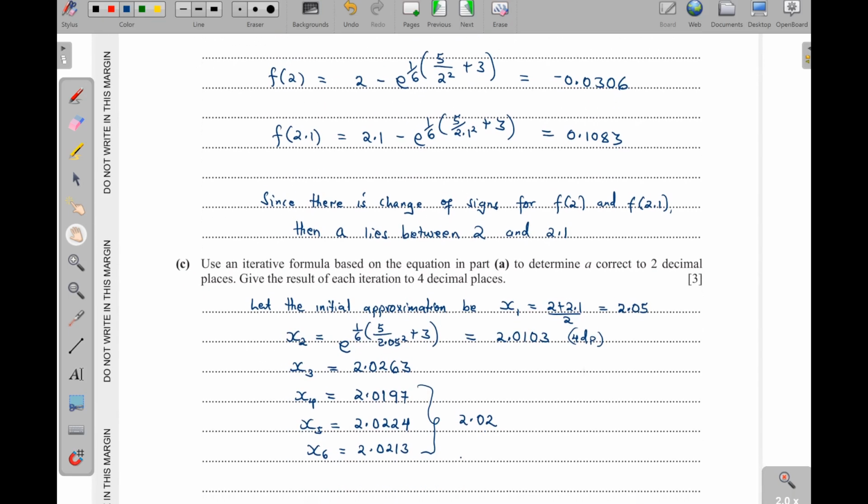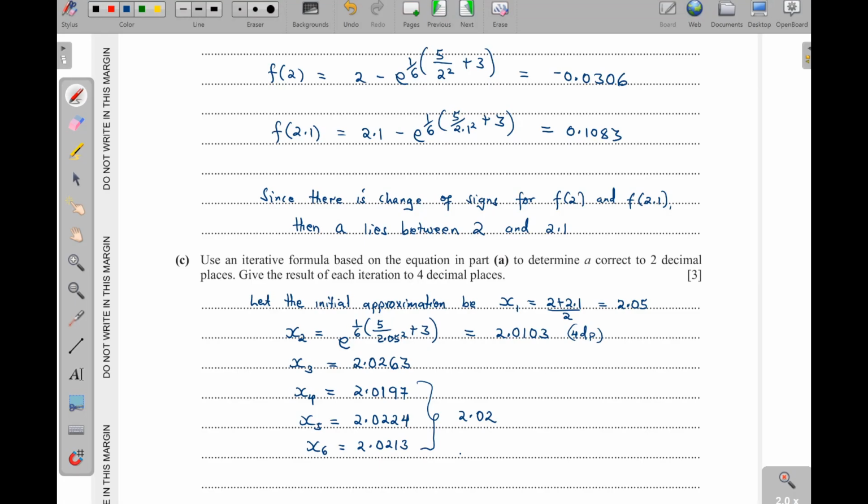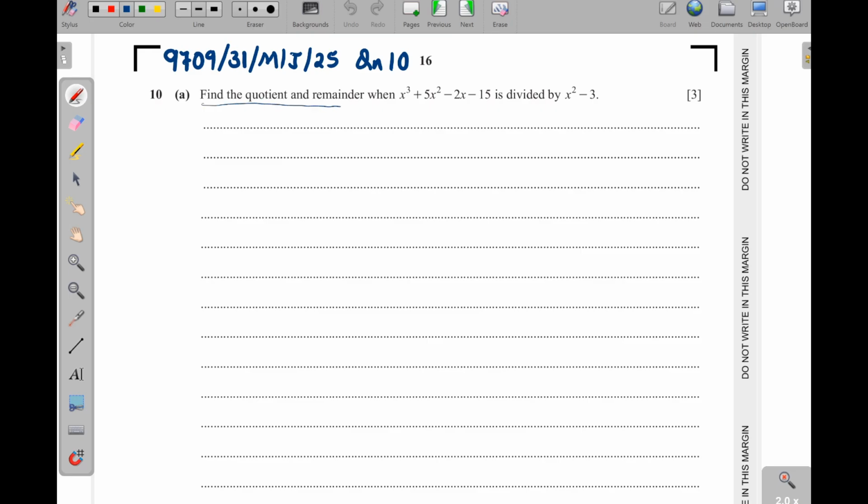I will therefore conclude, based on this equation to determine A, that A is equal to 2.02, to 2 decimal places. As simple as that. Question 10 part A is coming from polynomials. Find the quotient and the remainder when x power 3 plus 5x squared minus 2x minus 15 is divided by x squared minus 3.